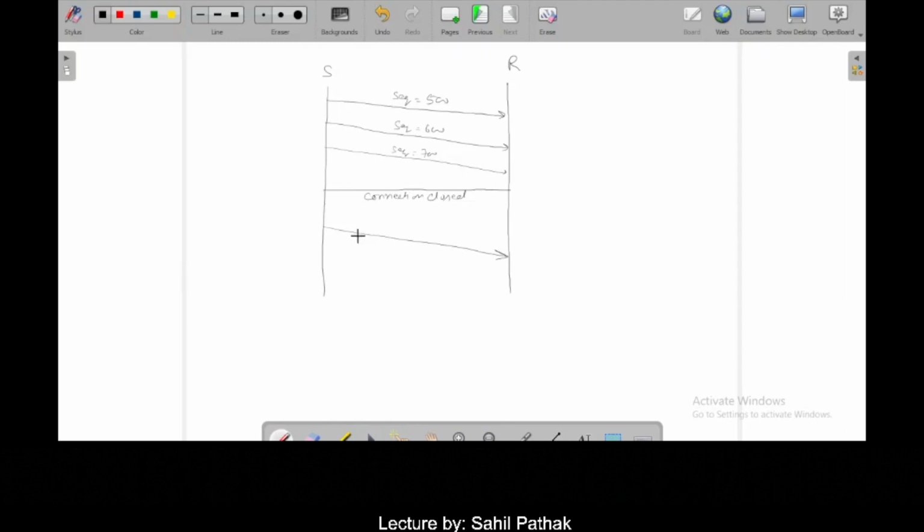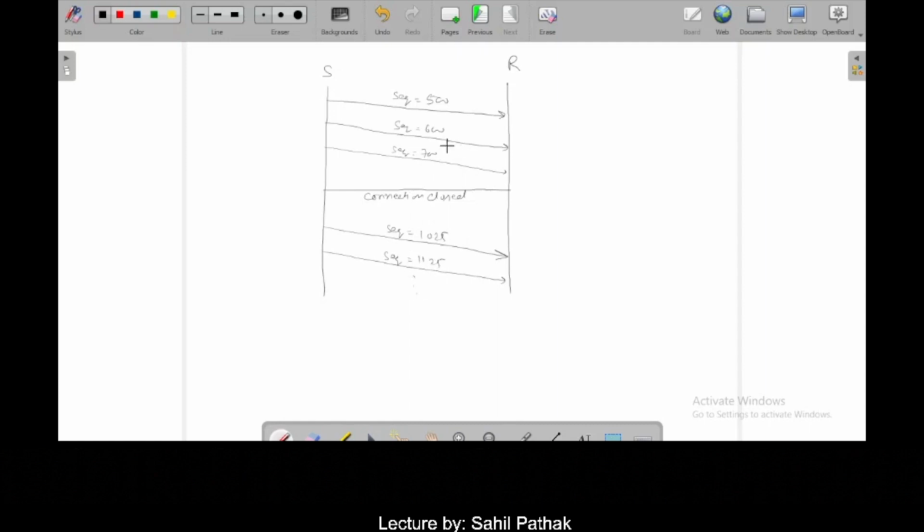Now this time it will again choose a random sequence number, but this time the random sequence number would be different from the previous one. Okay, so let us say it would have sequence numbers like this, and so on.